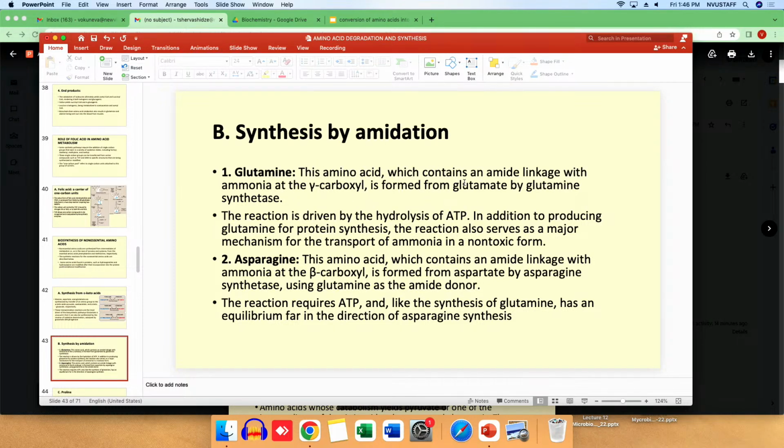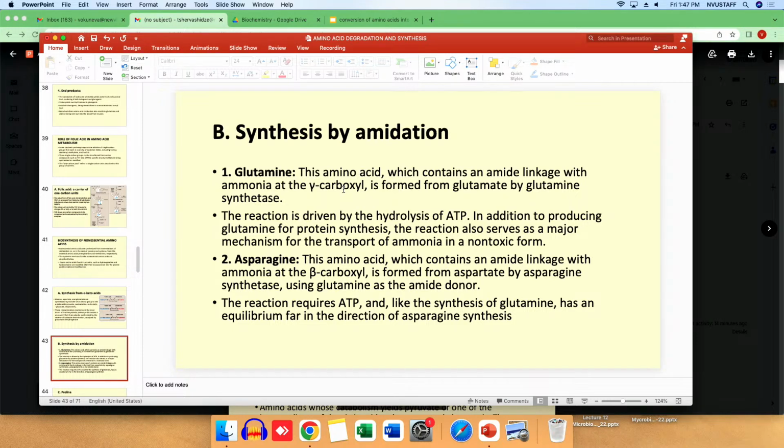So, for example, glutamine can be synthesized from glutamate by glutamine synthetase if we add ammonia to the gamma carboxy group. Amidation reaction, adding NH2, NH3 to the molecular formula to get a different amino acid, right? We are not only talking about degradation of the amino acids. We are talking about their conversion into different substances, into different molecular formulas that are different amino acids, for example.